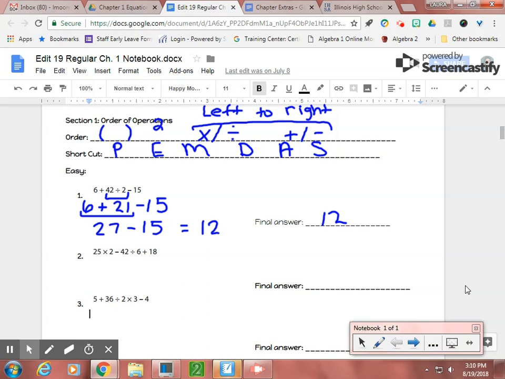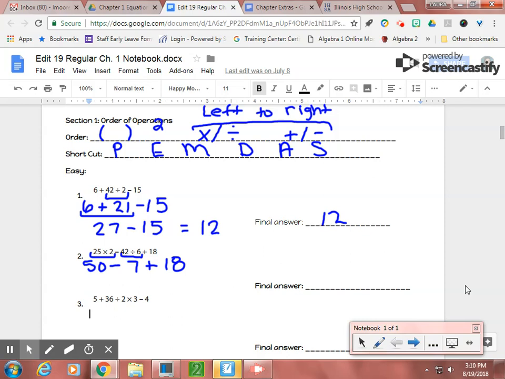So there's a couple steps that you could do first here. You want to go left to right with multiplication and division, but I'm going to do this all in one step because these are on the same part of our order of operations, so we can do those together. So 25 times 2 is 50, and then 42 divided by 6 is 7.